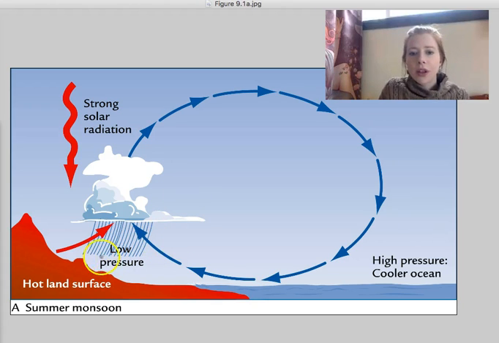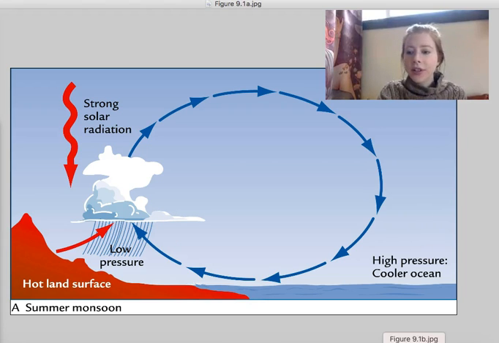So the air rises, creating this low pressure system over the land. And air likes to flow from high pressure to low pressure. So that's what's happening with this cycle here. It goes from higher pressure to lower pressure. So that's where we get this convective cell here. And what happens then when you have a low pressure system over the land is you get these heavy rains. And so this is a summer monsoon.